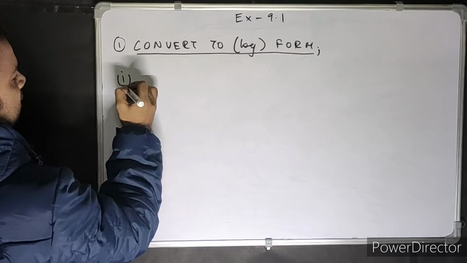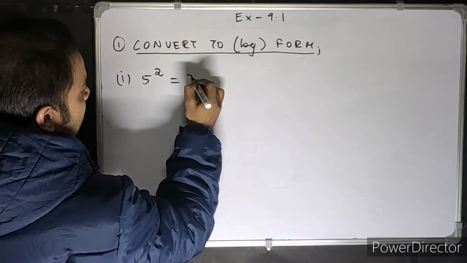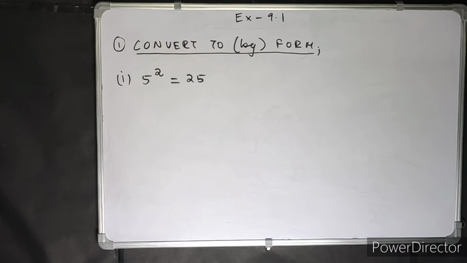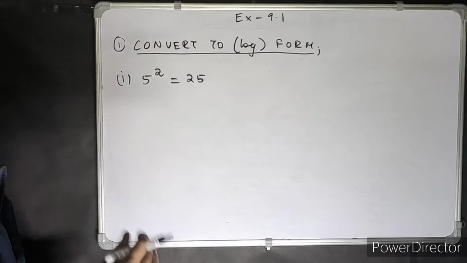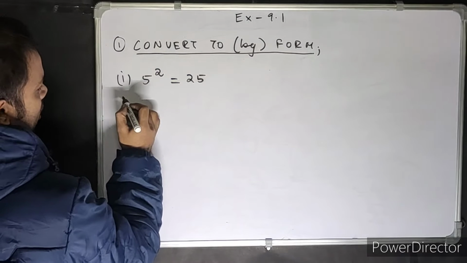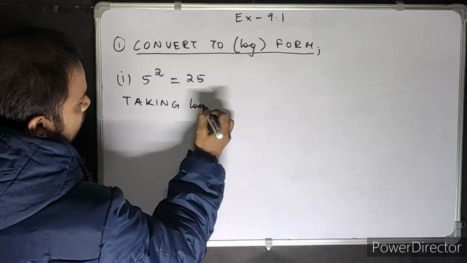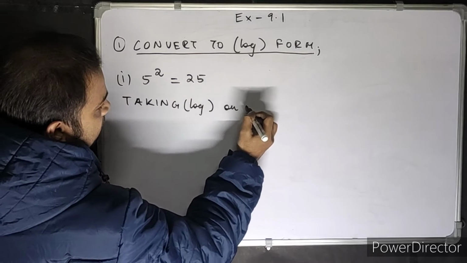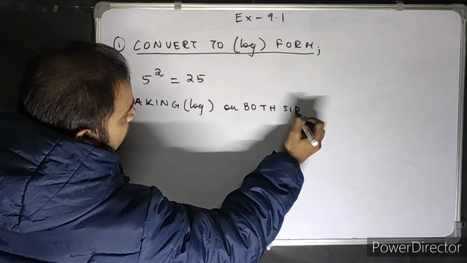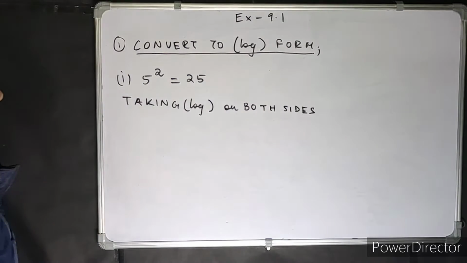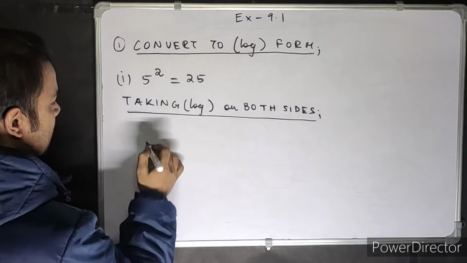First one, very simple actually. 5 to the power 2 is given as 25. In order to change to log form, many people do it very short, but you must understand the basic concept of what is happening. You have to write, taking log on both sides.